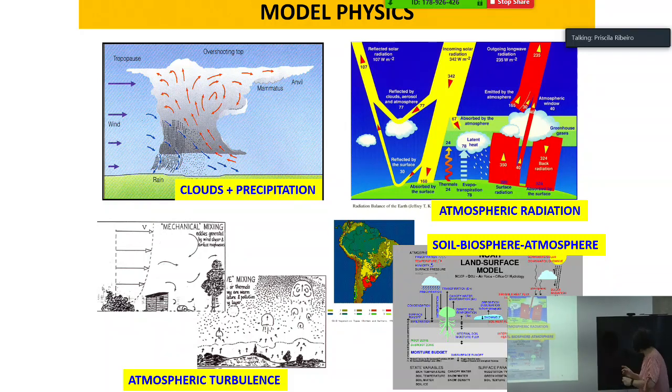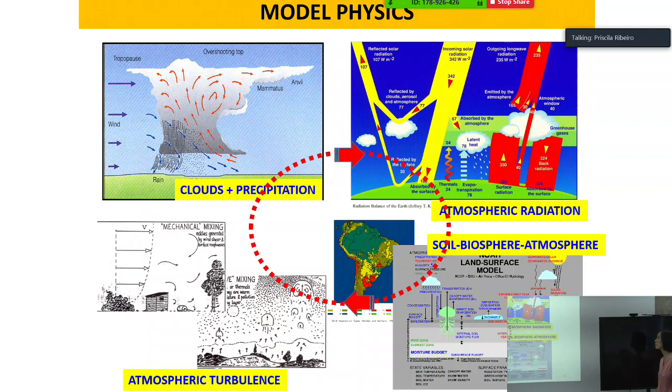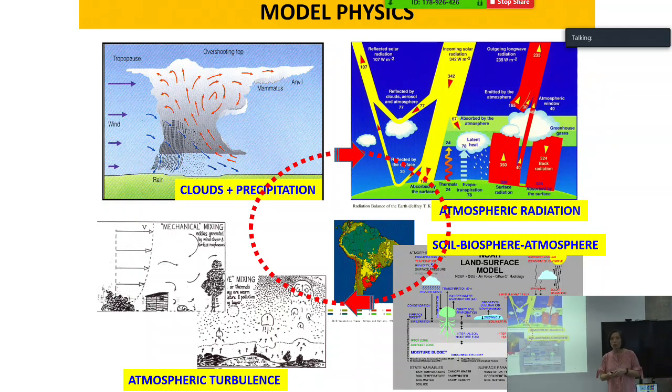So all these processes are linked together in the model. Whenever we output temperature, wind, pressure, humidity, everything is balanced in a system of equations. They all solve these variables simultaneously.